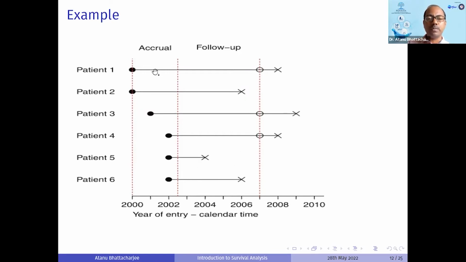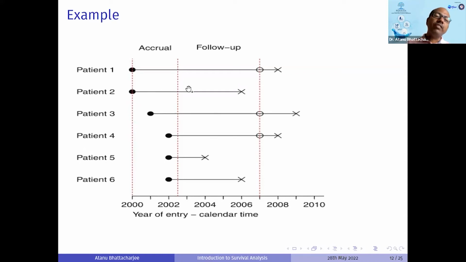But the rest, 3 persons, patient 1, patient 3, and patient 4, died after 2007, but we are still going to consider them alive up to 2007, so they will be considered as 0, and that is the way it should be considered. So the best way is to consider the study duration with calendar years, that's a very easy way to have it.